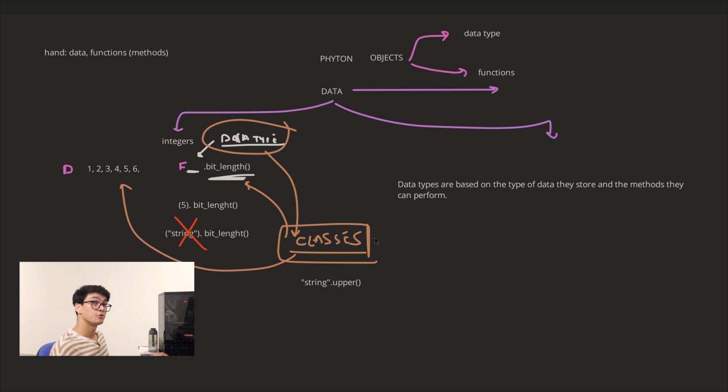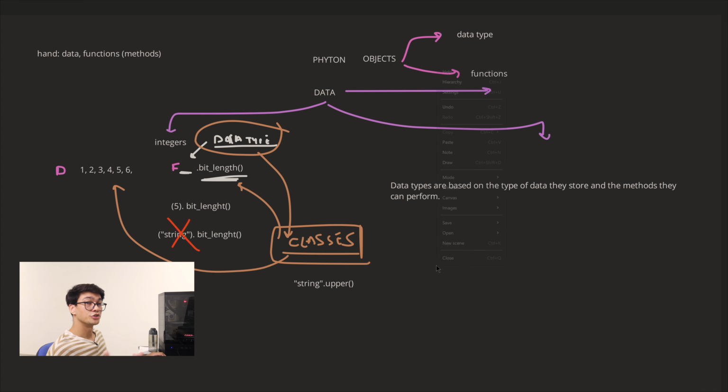Methods and functions are different, but here these are methods. Methods means the function that can be performed by a specific kind of data on itself. Like if I'm saying string dot upper, that means this function is happening on this data which is string. So whatever functions this data type can perform, we call them methods.